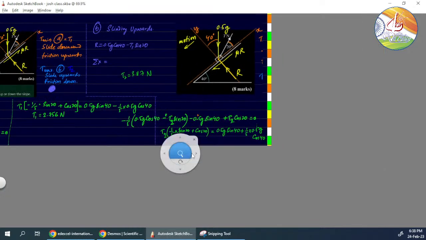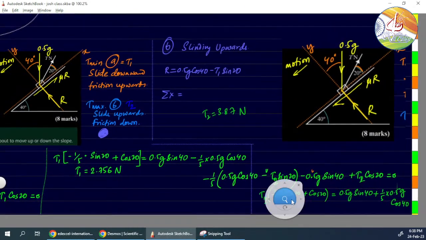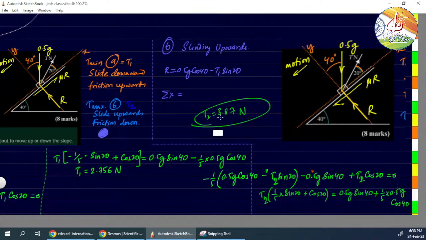A very small difference is there here. So the minimum value is 2.756, the maximum value is 3.87.